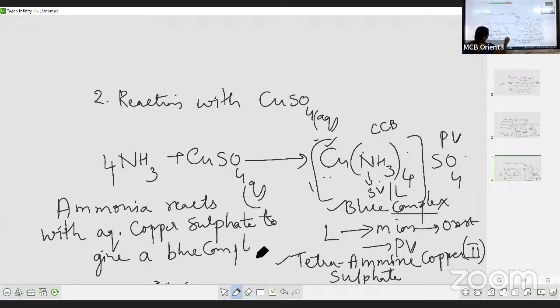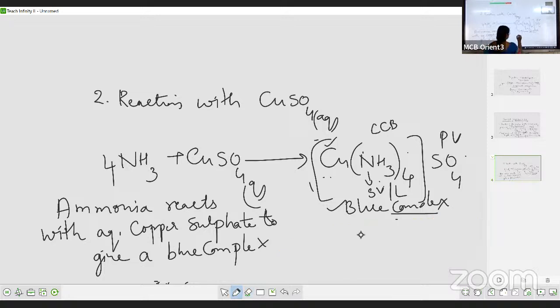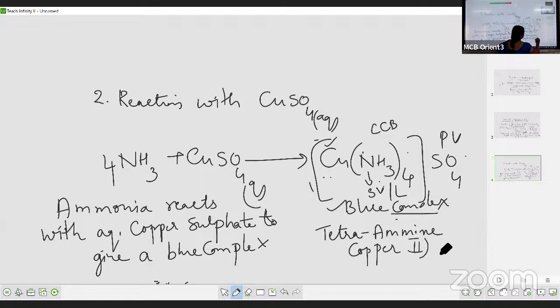Okay, students? This is the second reaction. Please copy down this. So this is tetraamine copper II sulfate.